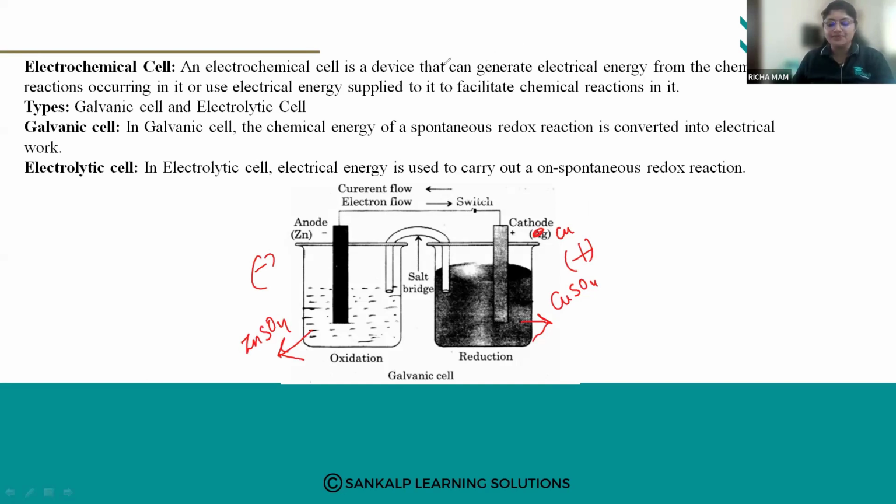These two solutions are taken in 2 separate beakers. The two metal rods are connected by a metallic wire, and the two solutions are joined by an inverted U-shaped tube, known as the salt bridge.